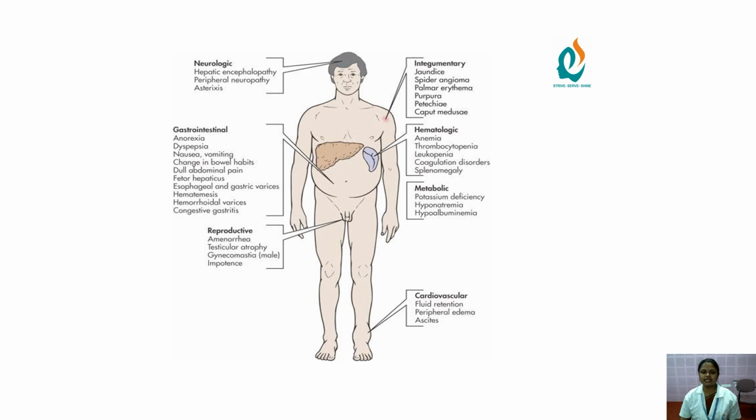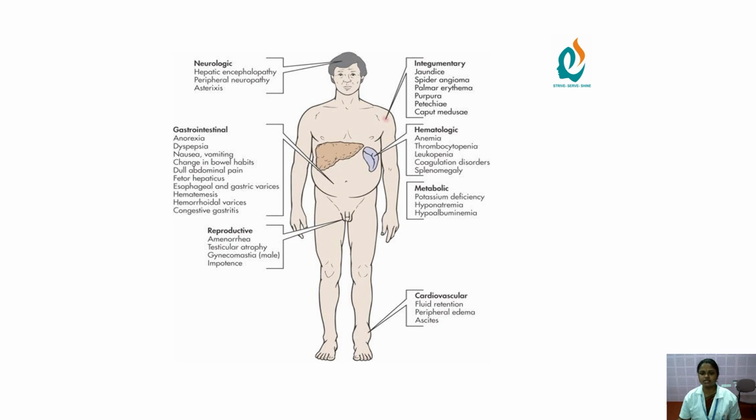So these are all the symptoms associated with the other systems. In the neurological system, it leads to hepatic encephalopathy, peripheral neuropathy, and asterixis. In the integumentary system, it provides jaundice, spider angioma, palmar erythema, purpura, petechiae, and caput medusae.